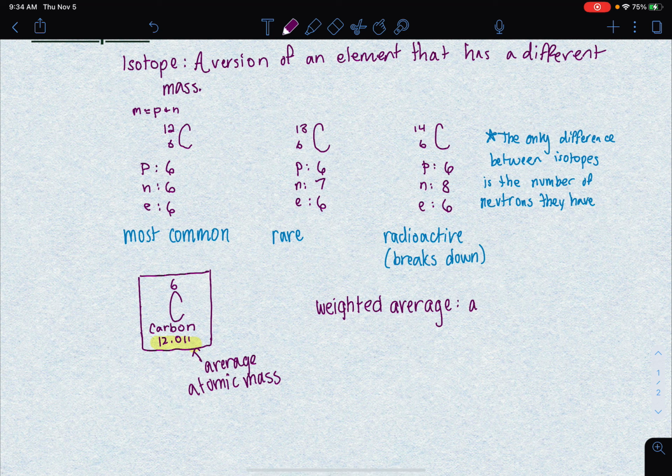So it is an average that takes the abundance into consideration.